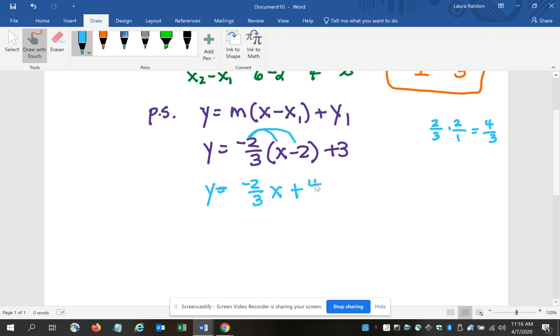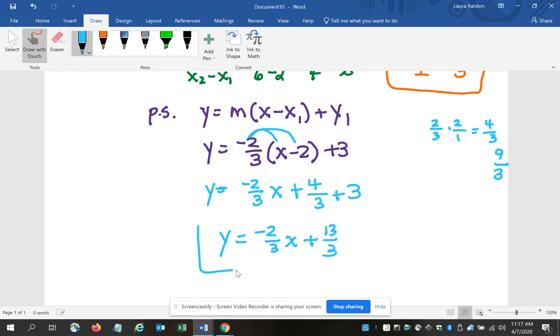So I have 4/3 plus 3. So I have 3 pizzas, 3 slices each, so I have 9 slices total. 9 plus 4 is 13. So the actual answer is negative 2/3 x plus 13/3.